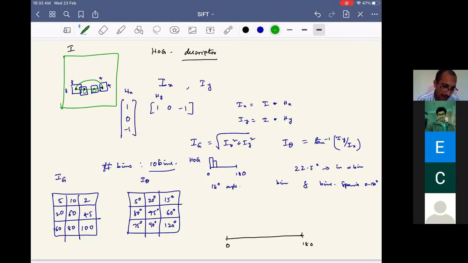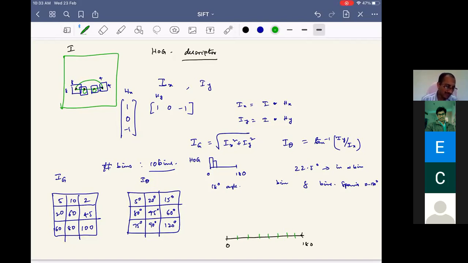How many bins now? 8 bins: 22.5, then 45, 45 plus 22.5 is 67.5, then 90, 90 plus 22.5. Now for each bin, how do they calculate the height of the HOG?